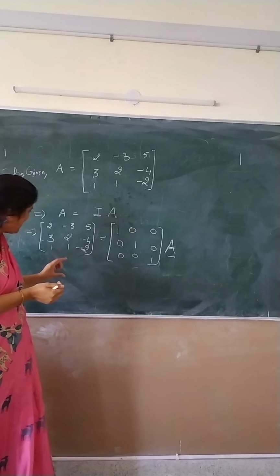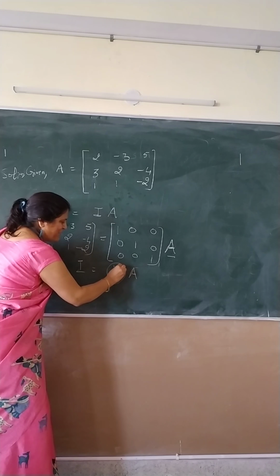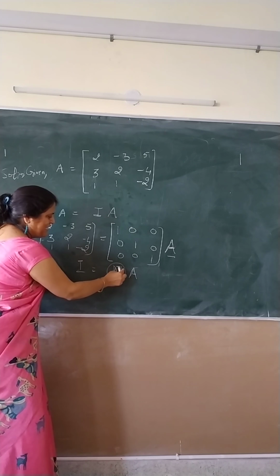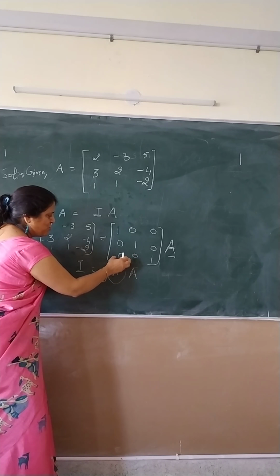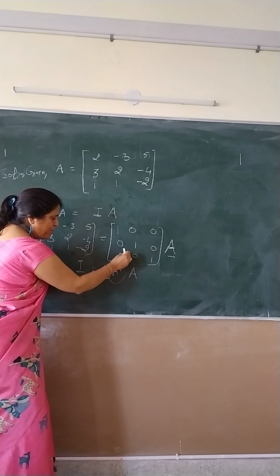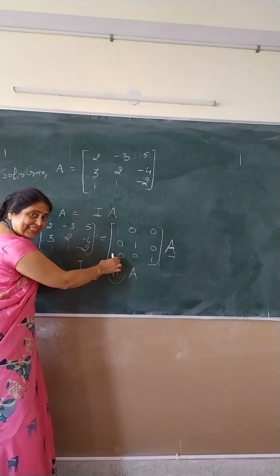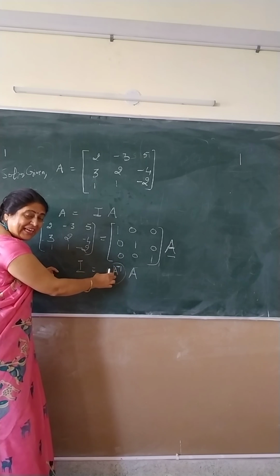You know, identity matrix is equal to A into A inverse. Therefore, whichever matrix you get here will be the inverse of A. Clear students?